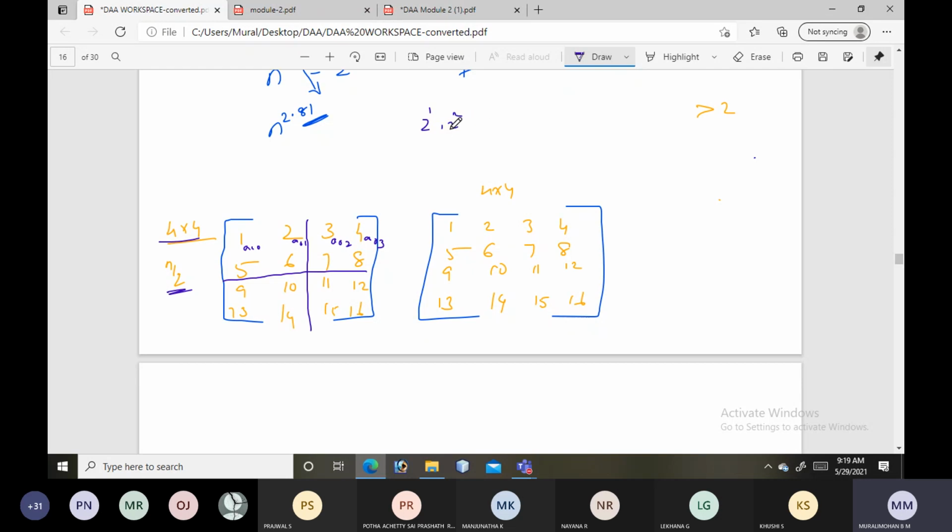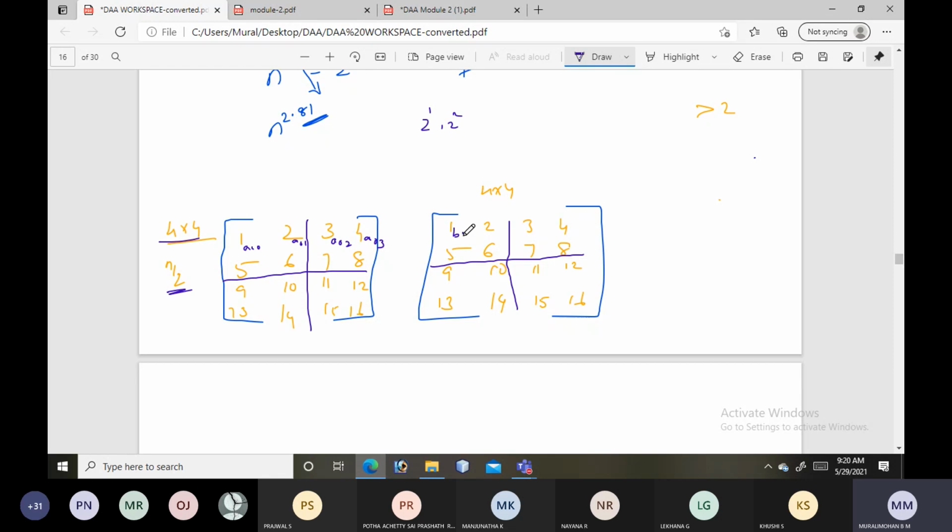If the size is less than a power of 2, we will fill it with zeros to make it a power of 2. Now it is 2 squared, 4 is 2 squared. Now we will divide like this, and similarly for the other matrix.